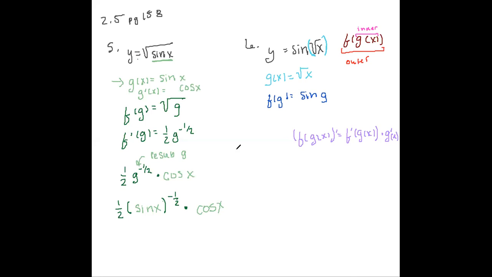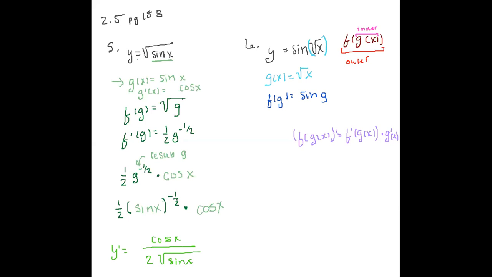And you can end up writing it as something like y prime is equal to 1/2 root sine x over, or that's denominator and my numerator is cos x. It would look something like this.